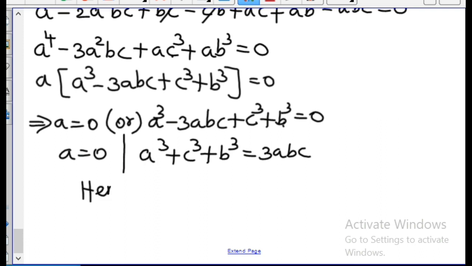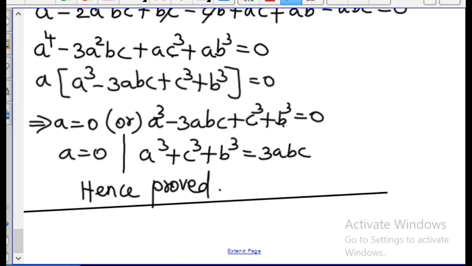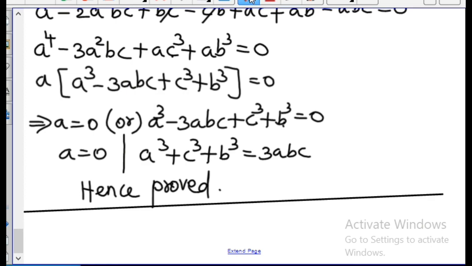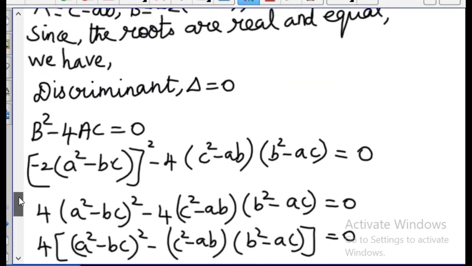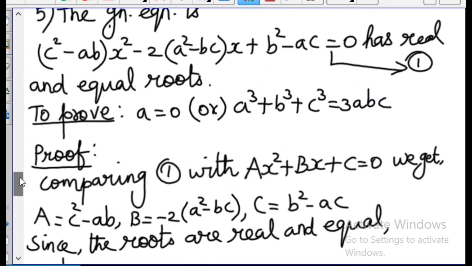So once again we recall the sum. Do the calculations carefully. The given equation is c squared minus ab into x squared minus 2 into a squared minus bc into x plus b squared minus ac equal to 0 has real and equal roots.